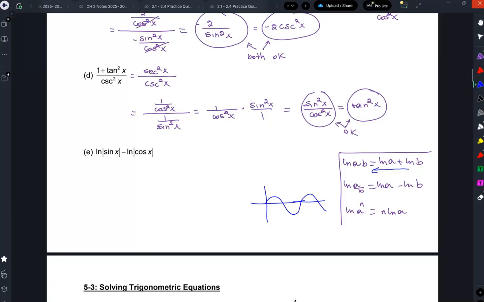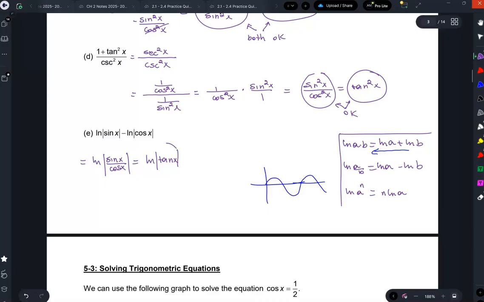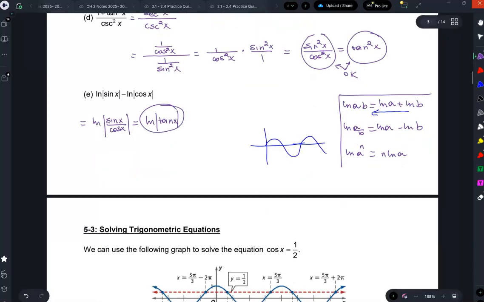So if you have ln of a minus ln of b, this is the same as ln of a over b in absolute value. This is ln of tangent x. Is it ever possible for tangent to become negative? Yes. So then you must have an absolute value.